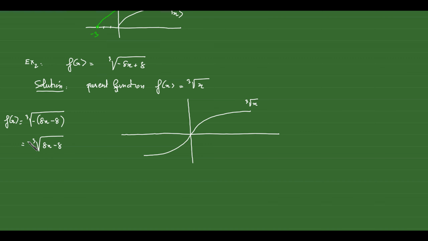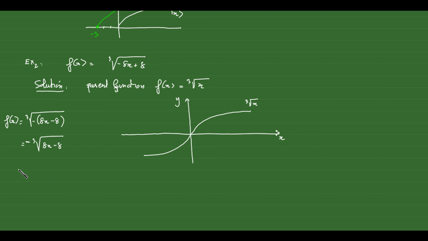So the negative value in front means what? It means that you're going to flip the parent function over the x-axis, I'm sorry, over the x-axis, because it's negative. So you're going to mirror this curve over the x-axis.